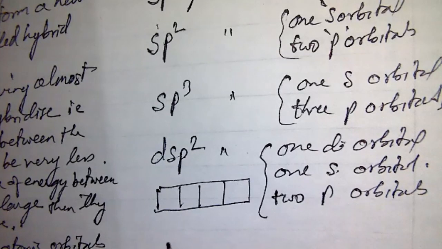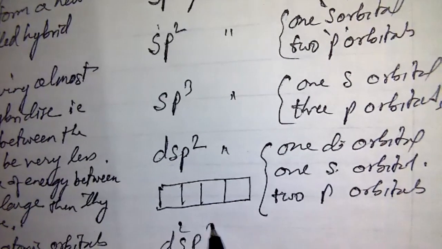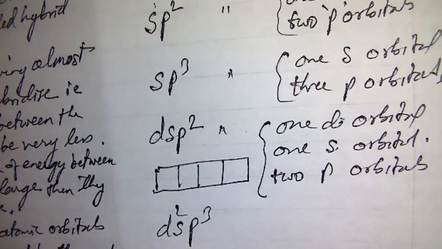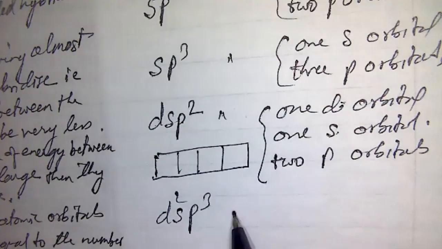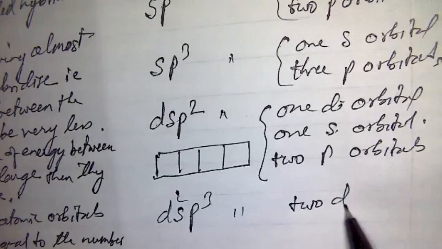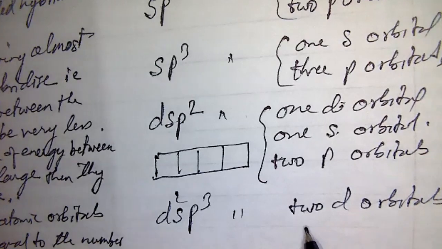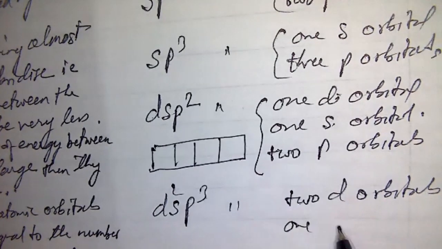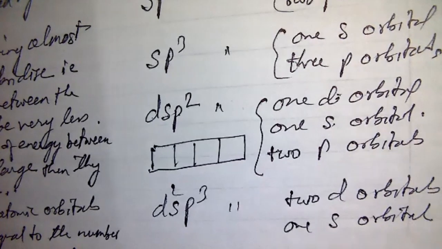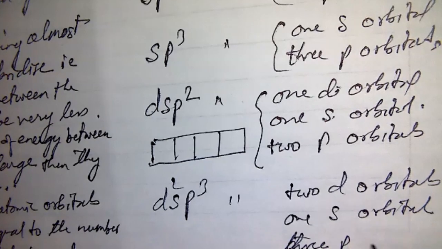If I had given you like this, d2sp3, I could have given like this, or sp3d. Anything I can write down, isn't it? So if I say this one, that means 2 d orbitals, 1 s orbital and 3 p orbitals.